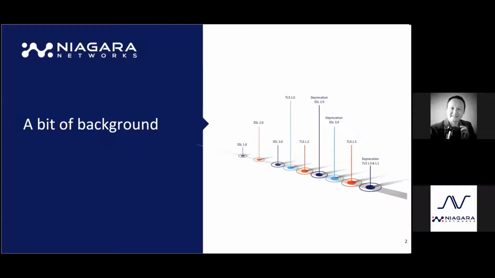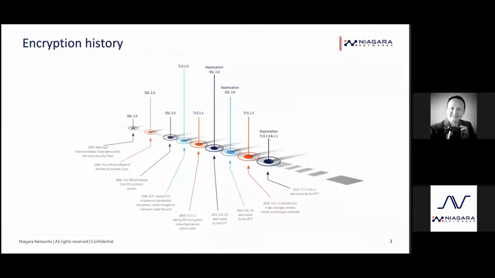As a little bit of background, encryption is almost as old as the internet itself. In 1994, Netscape already realized that a certain kind of encryption would be very beneficial.